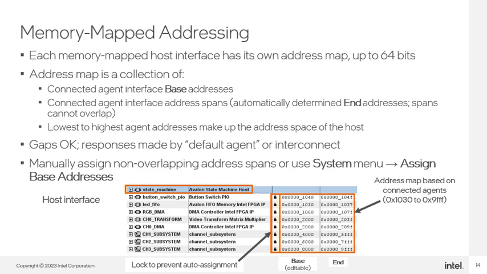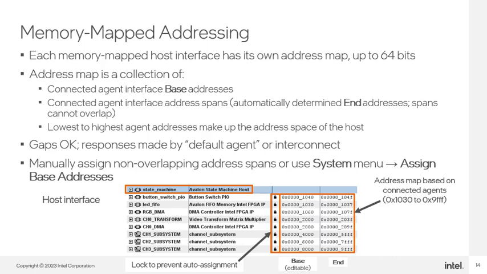The address map for this host starts at 1030 and goes up to 9FFF. If there are any gaps in the address map, accesses to them are automatically handled by the interconnect. If multiple host interfaces connect to the same agent interface, the host port's address maps converge, as the agent ports will, by default, be assigned the same address for each host port.